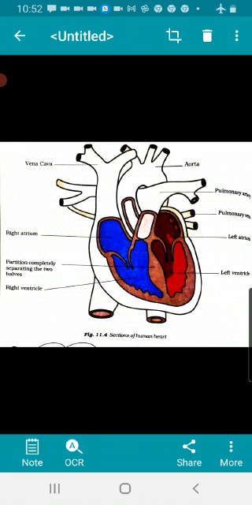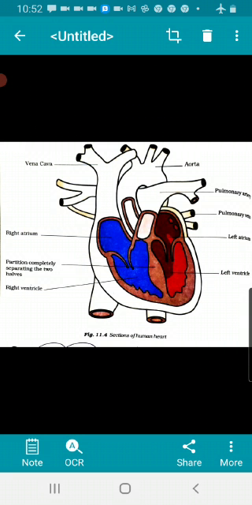But here, this pulmonary artery is exceptional. It carries the deoxygenated blood from the heart to the lungs. The blood absorbs fresh oxygen from the air we breathe in and becomes oxygenated in the lungs. So, in the lungs, the blood is purified.